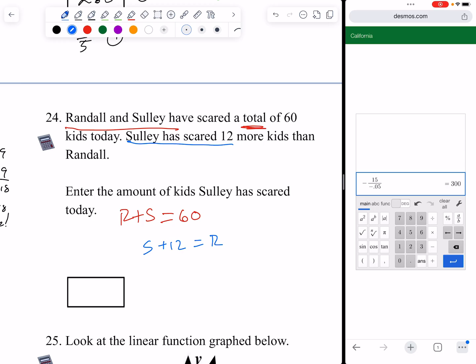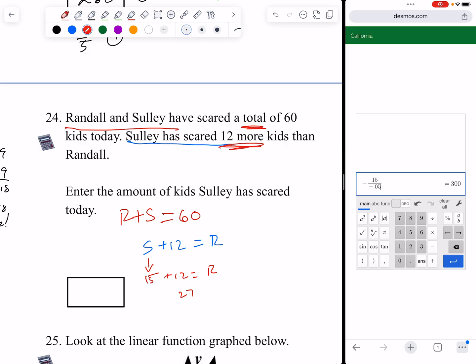So let's see, because I always get these confused, all right? So Sully has 12 more kids. So let's say Sully scares 15. If I do plus 12, that means Randall equals 27. But Sully scared 12 more.